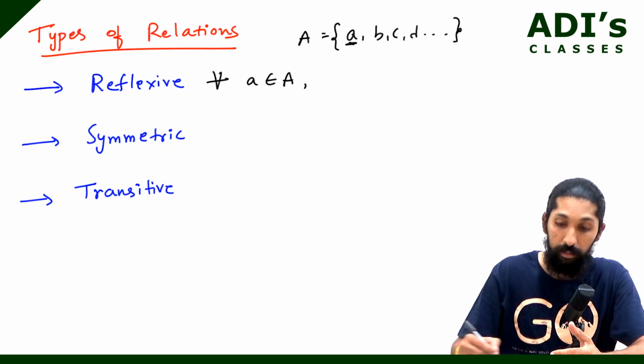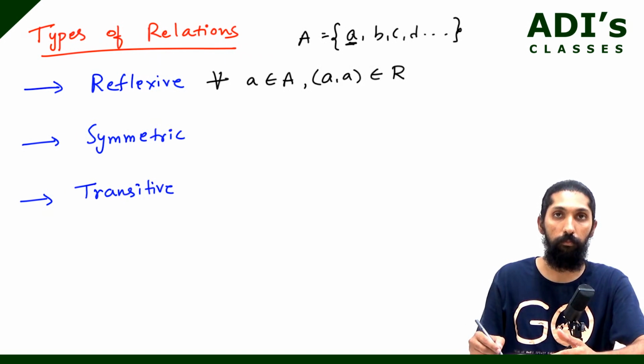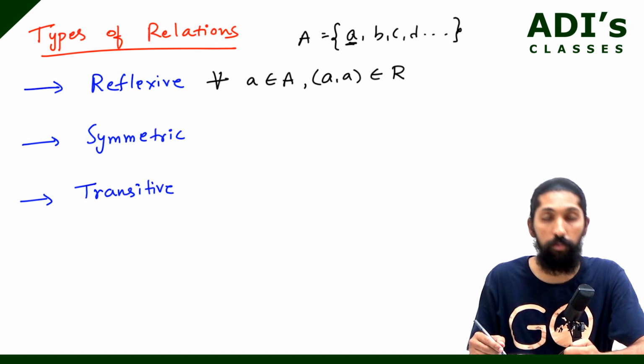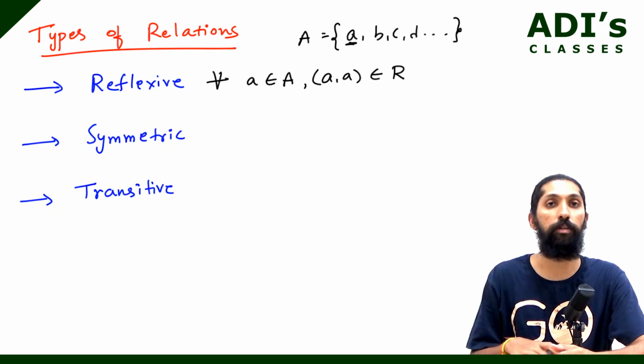We write it as (a, a) belongs to R. This is what we call a reflexive relation.